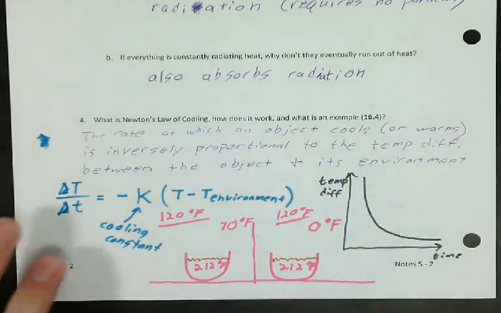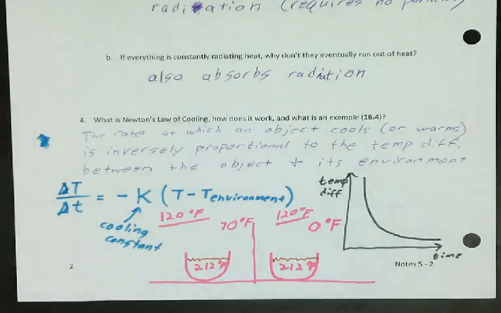So the temperature difference that I want to reach is the same. But the temperature difference between the environment and the object are not the same. So which one will reach 120 first? The one in the freezer, because the temperature difference is larger than it is otherwise.